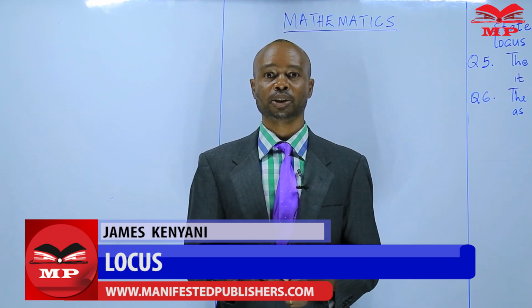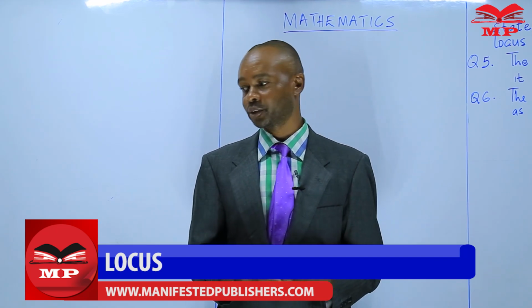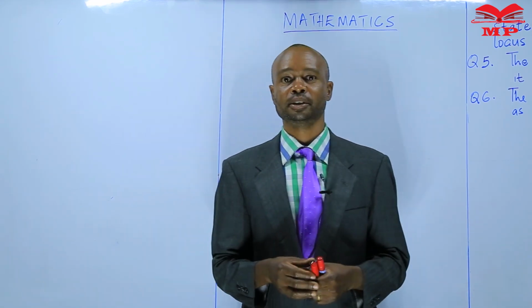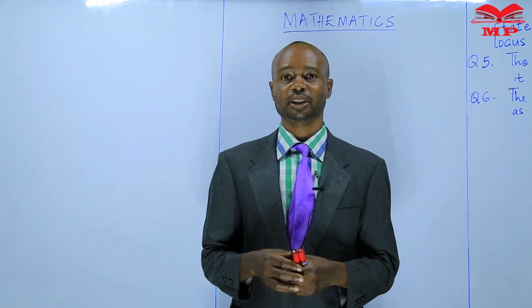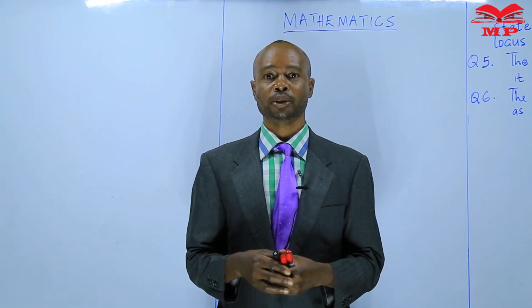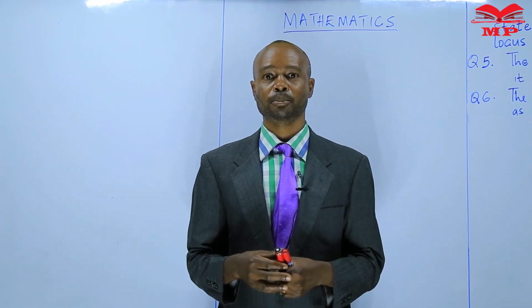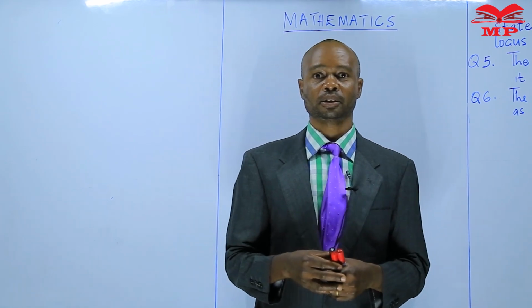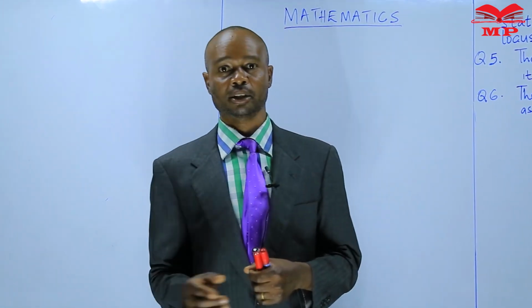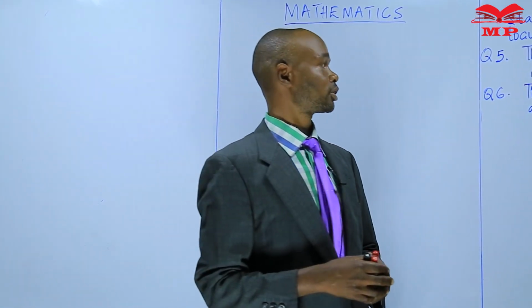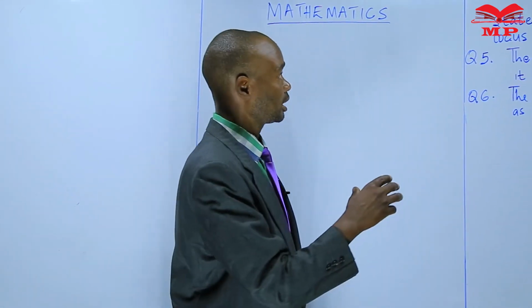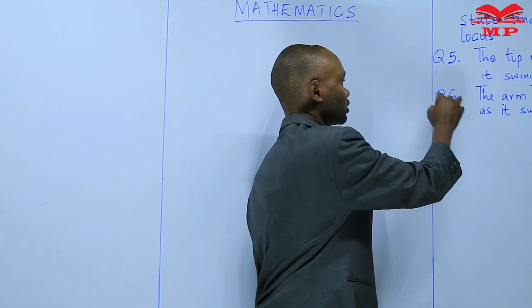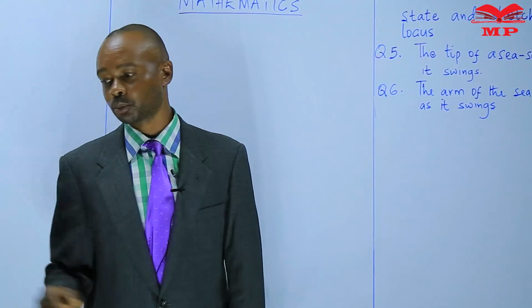We are going to proceed with our topic on loci, and I had given an assignment which we are going to get the solutions to as we build up on some concepts of the loci. The assignment I had given was questions 5 and 6 from the People's Book 4.